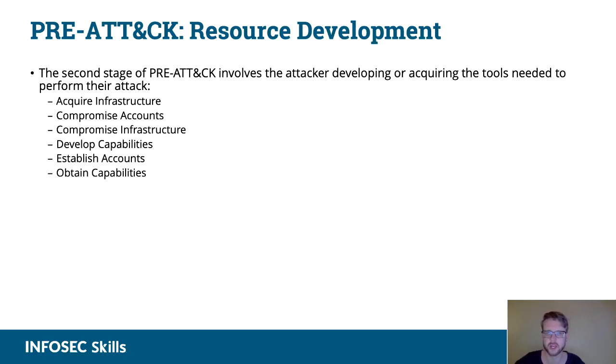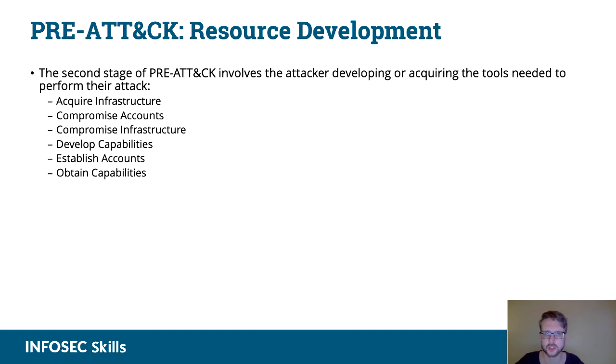The other stage of the PRE-ATTACK section of the MITRE ATT&CK framework is resource development. This particular tactic is focused on ensuring that the attacker has the tools, infrastructure, etc., that they require to achieve their goals.